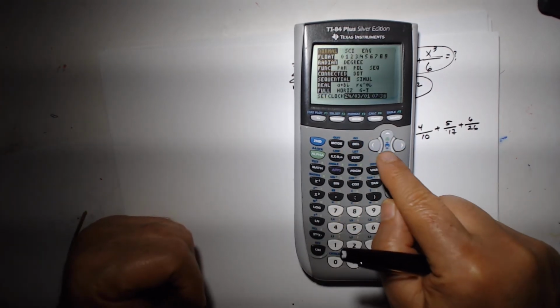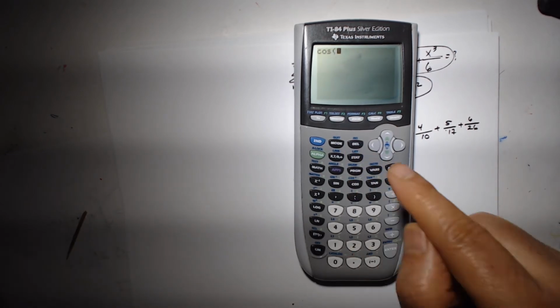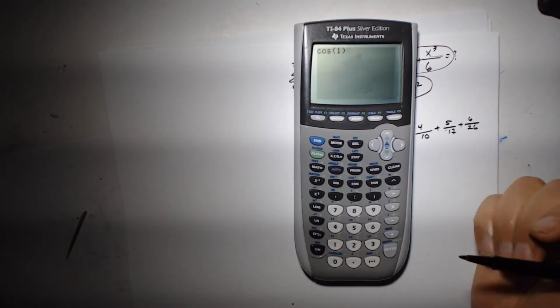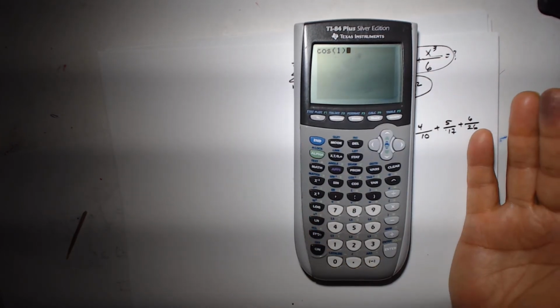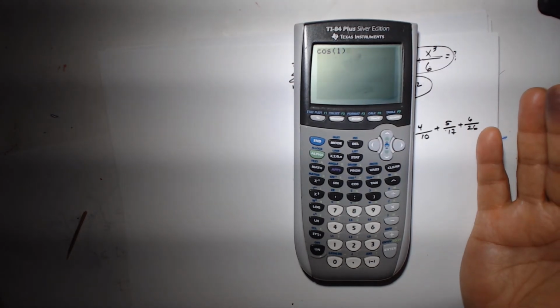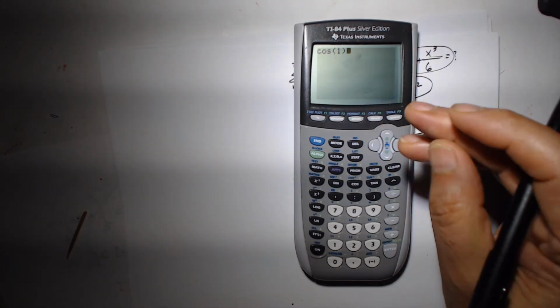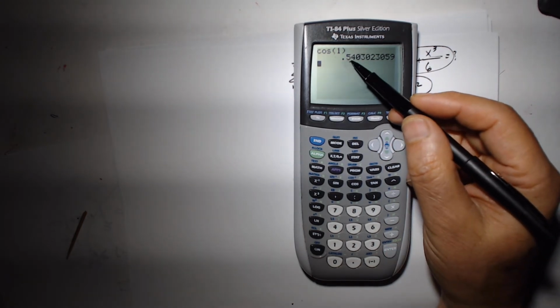Let me go to mode and change it to radian. Some students don't even know 1 radian is 57 degrees, and that 57 is almost pi over 3, and cosine of pi over 3 is 1/2.